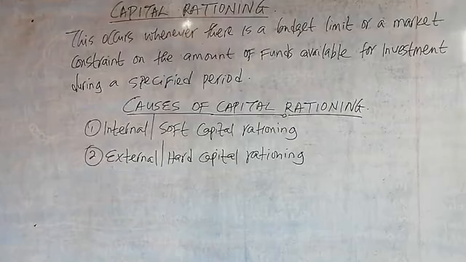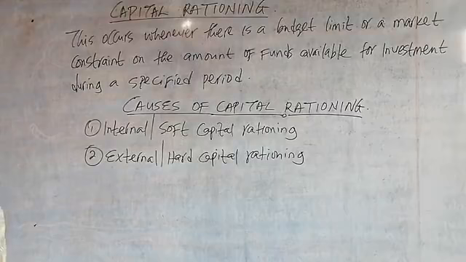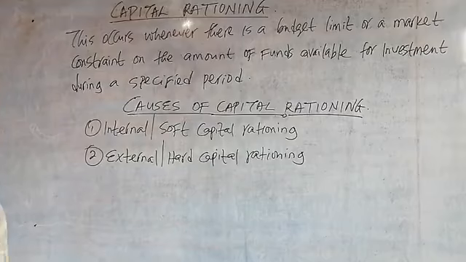In that wise, therefore, there are certain situations whereby the company will not be able to do what? To invest in these viable projects which it has at hand, due to the fact that there may be shortfall of capital to be used to do what? To finance this project.